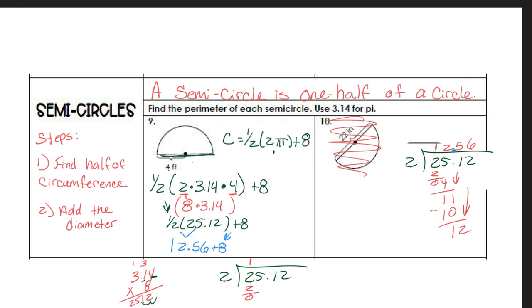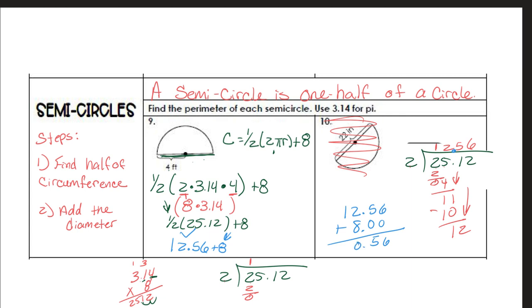So now to add, I'm going to set up my numbers: 12.56 plus 8. Set up the place values accordingly. Remember, 8 is a whole number. There's a decimal right after it. So now I can just add 6, 5. You can put the zeros in here if you need to. If not, don't worry about it.